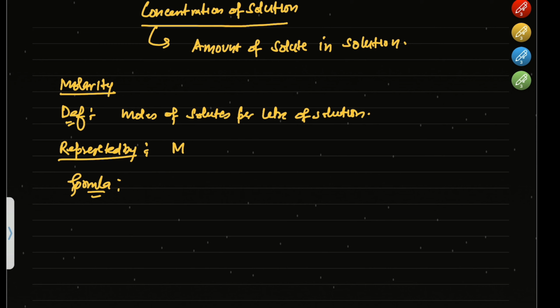Formula of the molarity: M is equal to moles of solute upon volume of solution in liter, or weight of solute upon molar mass of solute into volume of solution in ml into 1000.